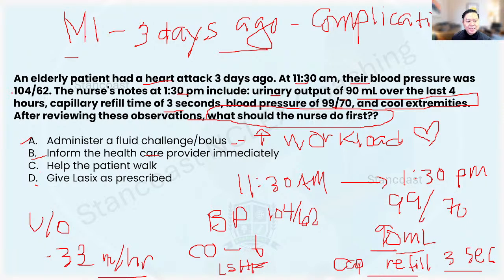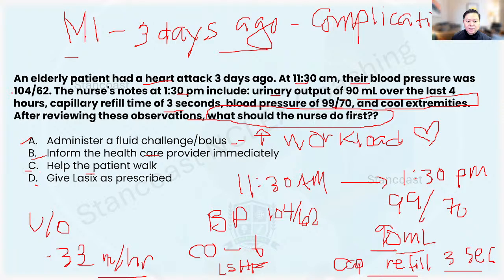Now, if we are going to answer letter C, help the patient walk. Do you think that would be appropriate for the patient at the current time when they have low blood pressure and, what else, cap refill of 3 seconds, cool extremities? The ambulation can actually overwhelm the heart as well.